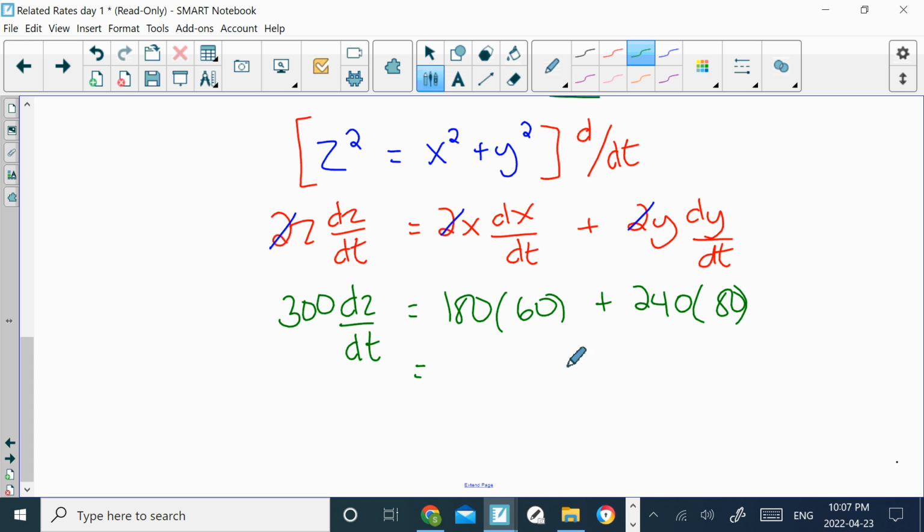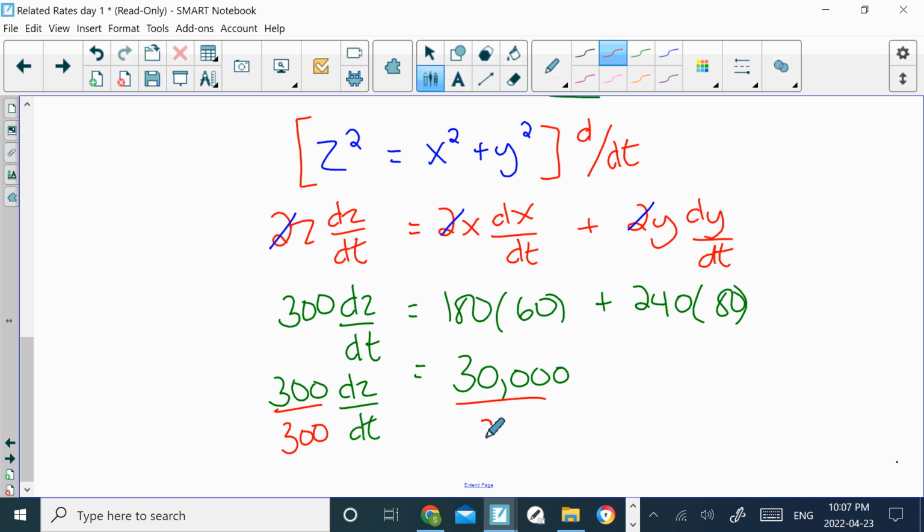180 times 60 will give you 10,800. 240 times 80 will give you 19,200. So if you added those two numbers together, we would have 30,000. And then on the left-hand side, I have 300 dz/dt. Okay, let's isolate dz/dt by dividing both sides by 300.